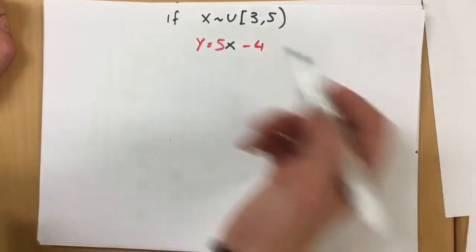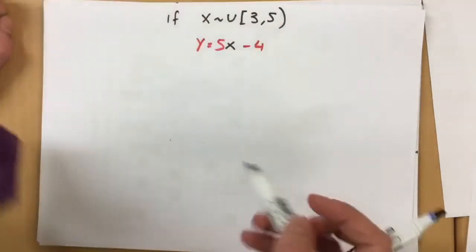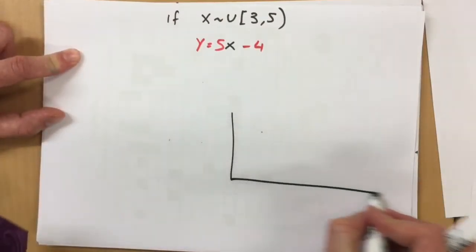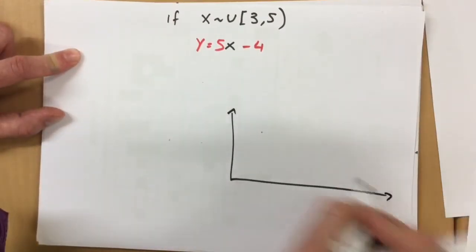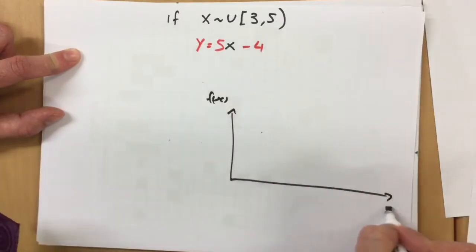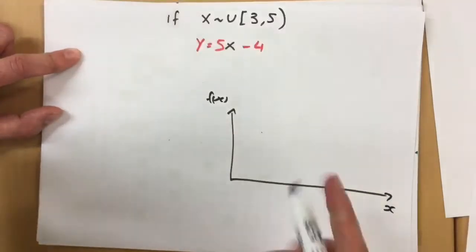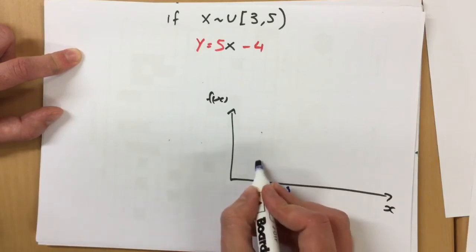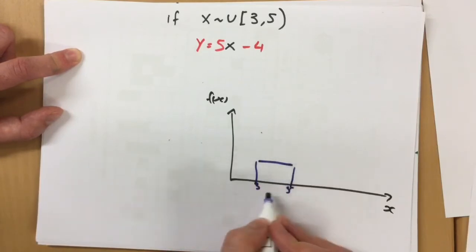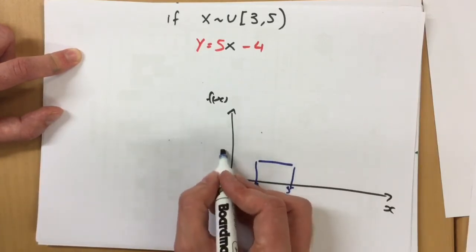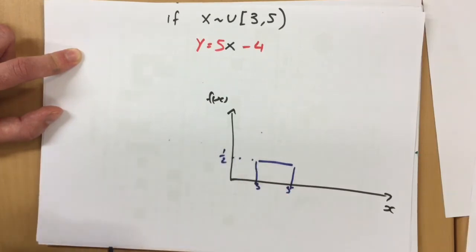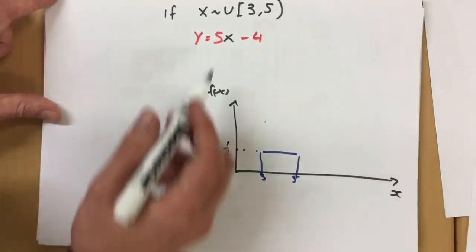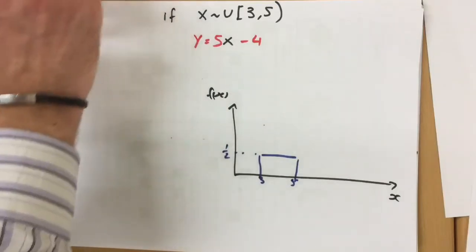Okay, so our original one would have been our original graph. Let's see, here's our original graph for x. Went between 3 and 5. Now the gap there is 2, which means our height of that is 1/2. Okay, let's find our new values for y.